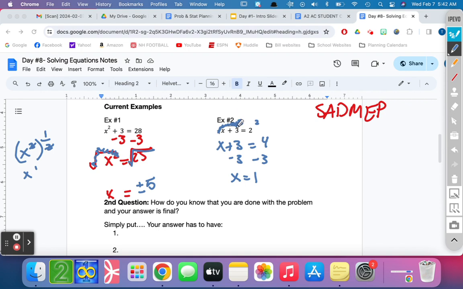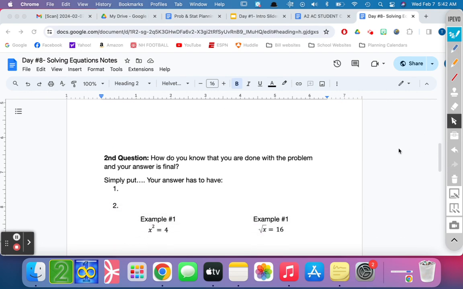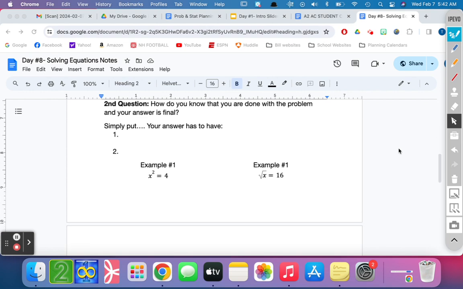Okay, so that's how you do these kinds of problems. You take a look, right? You have to get the thing that's being squared by itself, and if it is by itself, then do the operation. Okay, all right. Let me scroll down just a little bit more. So, first question is how do you know what to do? Second is how do you know when you're done? You know when you're done when x is completely alone and x has an exponent of 1.